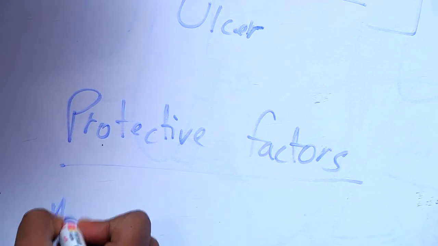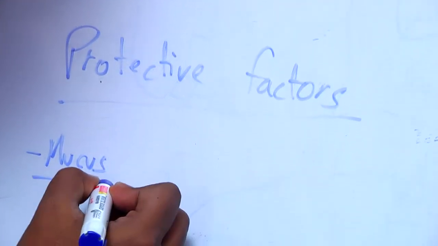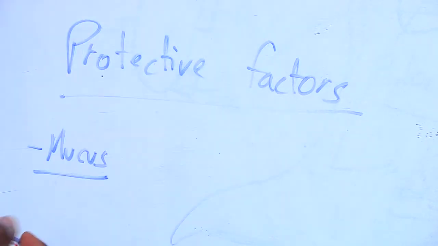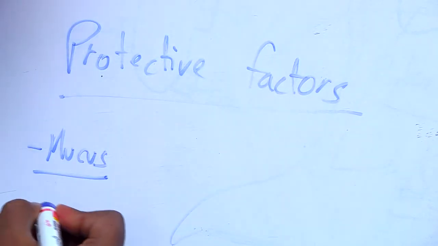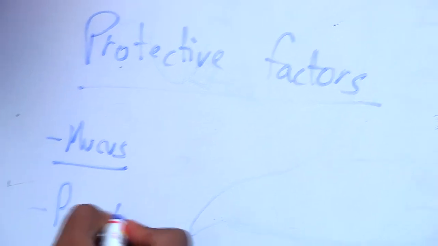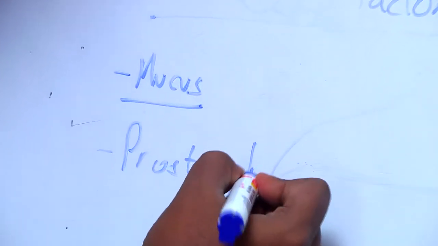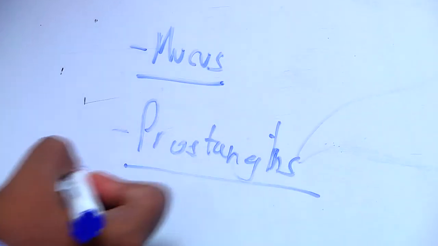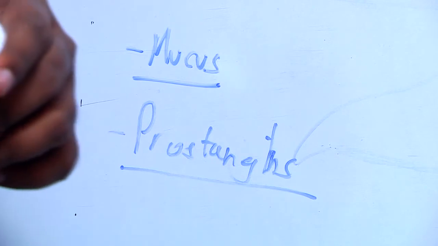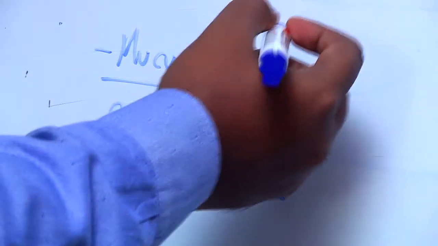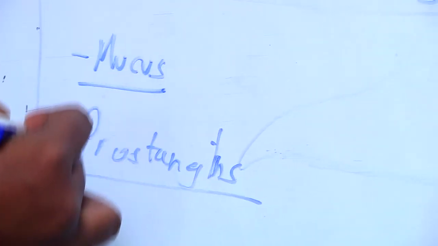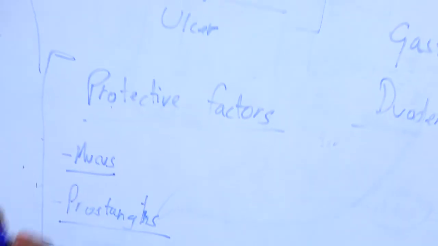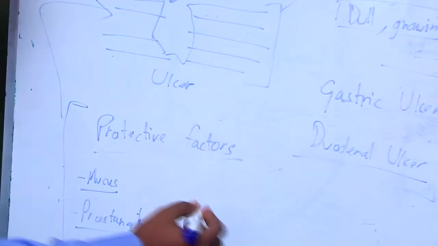So the major protective factor, like I told, is the mucus layer. This mucus layer prevents the HCl from burrowing into the layers of the stomach. Second is prostaglandins. Prostaglandins play a major role in the protective factor against ulcer. So what happens when these factors are compromised? This leads to ulcer. So what could lead to this?